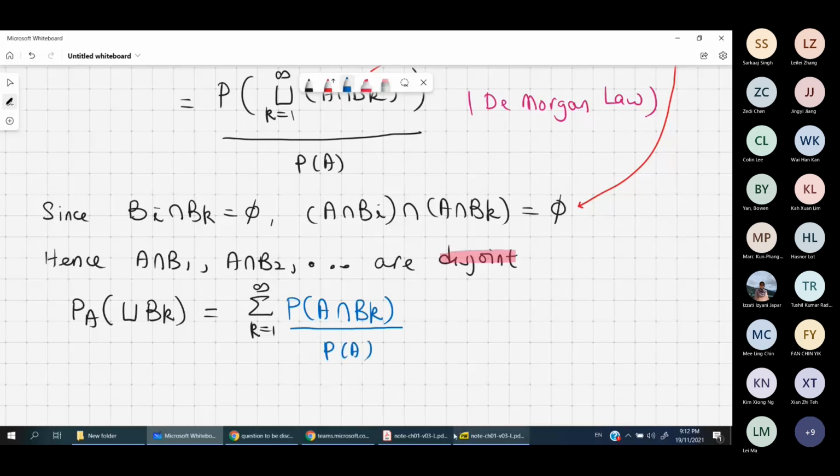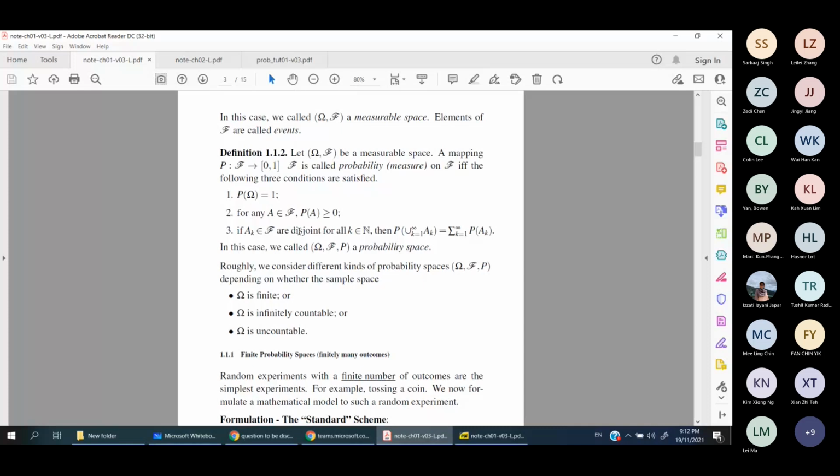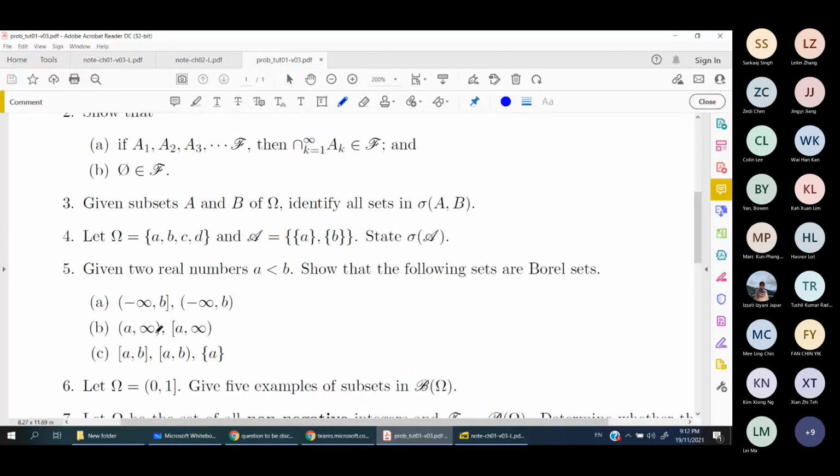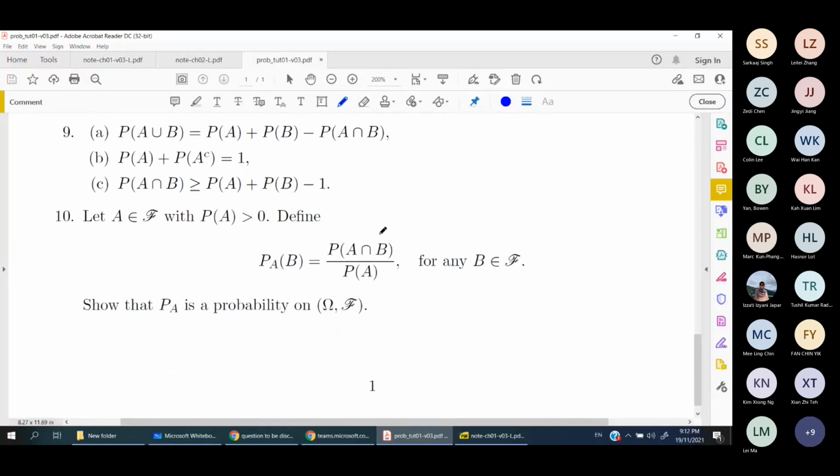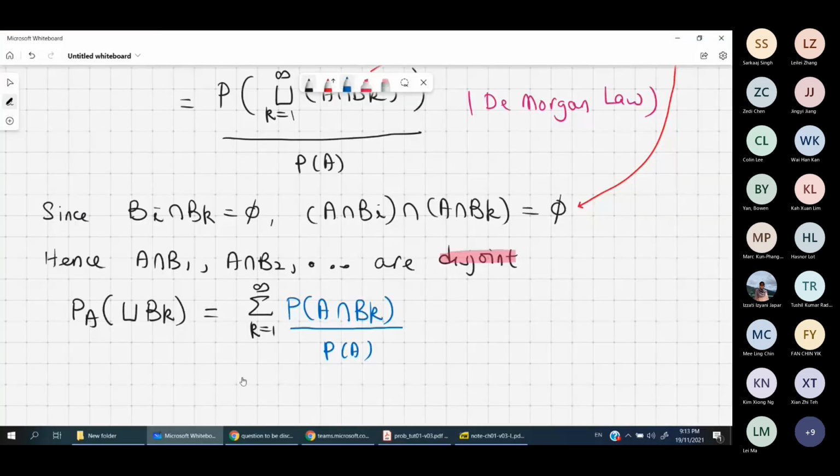If you look at our tutorial question here, P(A|B) equals this one, right? So there's a P_k, then this equals the sum for k equals 1 to infinity, which is just P(A | B_k).